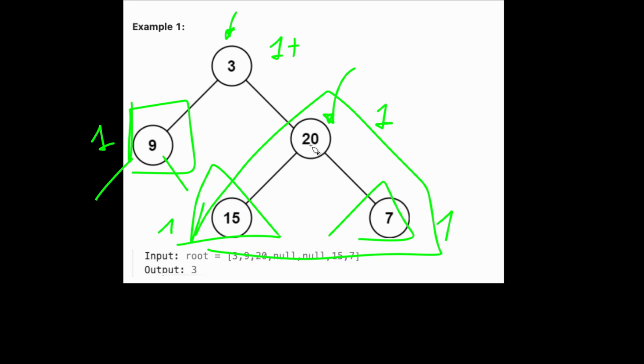So when we return here to the root node of this subtree, we're going to get the maximum. In this case, it's both 1, so we're going to add it to our current root node. This now becomes 2. The max depth of this subtree is 2. We're going to return this one here to the root node.